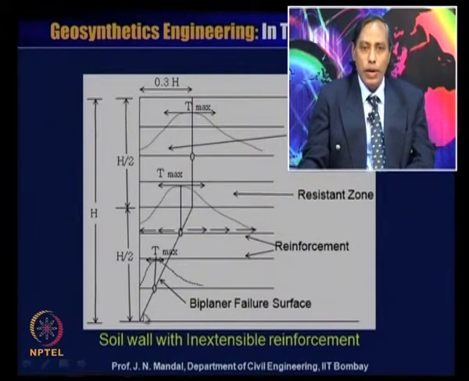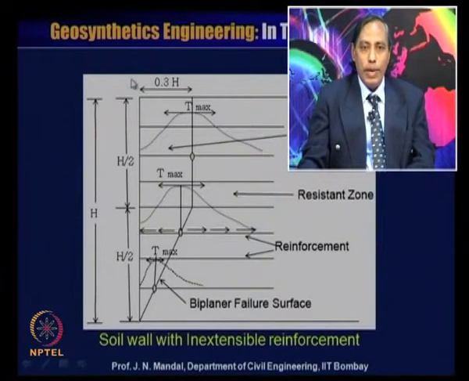Now, if you join these points, you can have a biplanar failure surface. So, when the soil wall has inextensible reinforcement, that is metallic reinforcement, this failure is a biplanar failure surface.